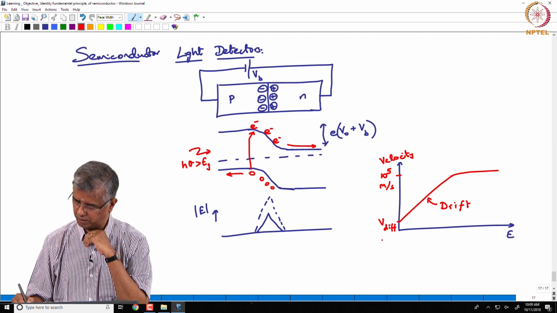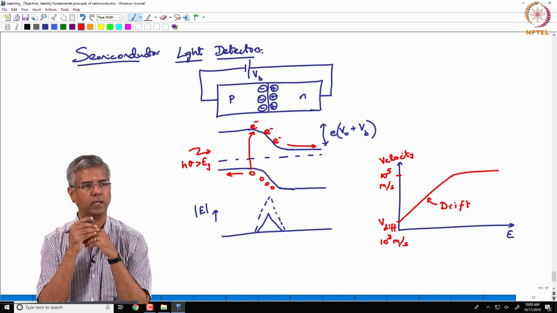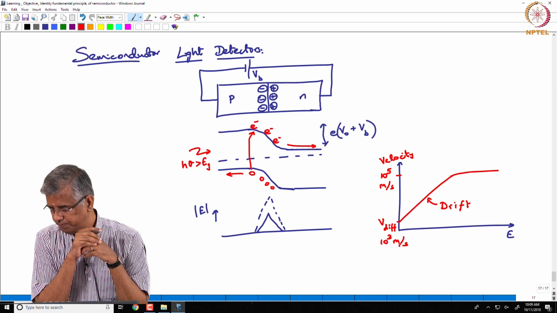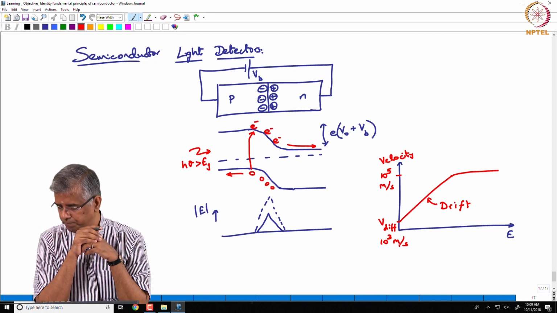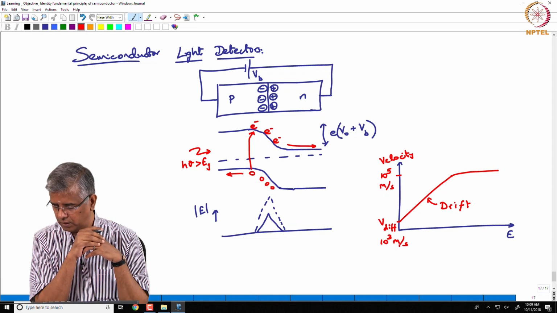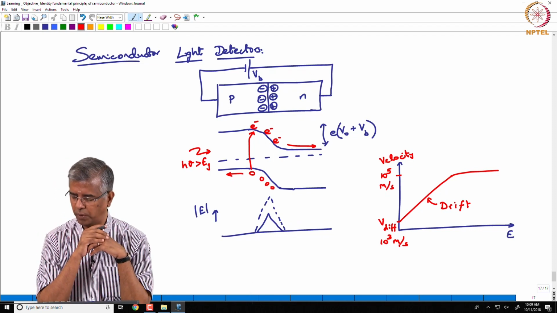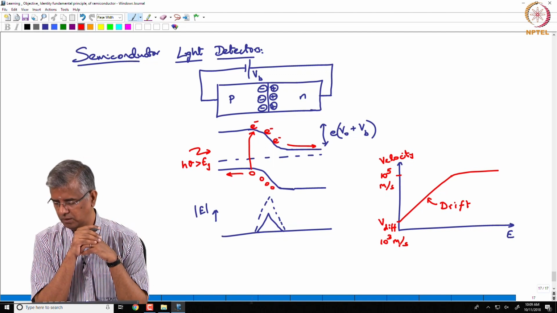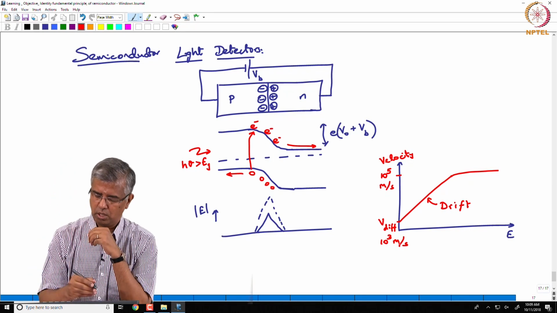This diffusion velocity is in the order of 10 power 3 meters per second. Okay. So, clearly we can say that these charges get swept out faster due to this drift process.